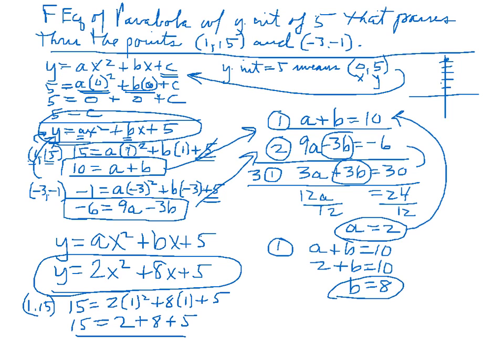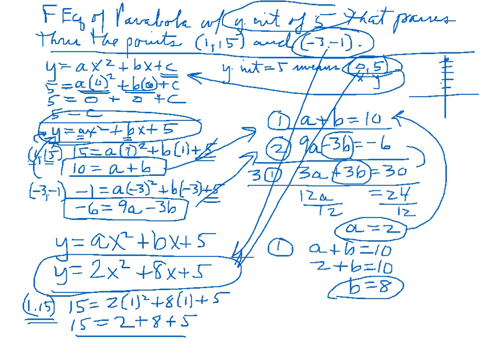True statement. This point does make it true. I don't have enough room here, but if you also plug (-3, -1) into the equation, it will become true. And if you take the y-intercept of 5, which means the point (0, 5), plug that in, it will be true. So it's obvious this equation does in fact go through those 3 points.